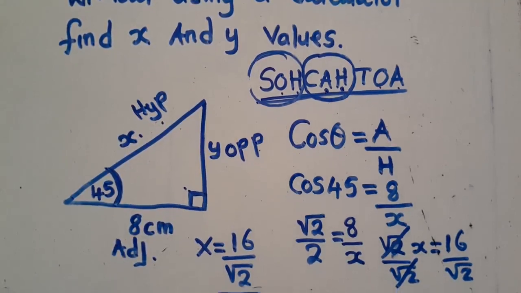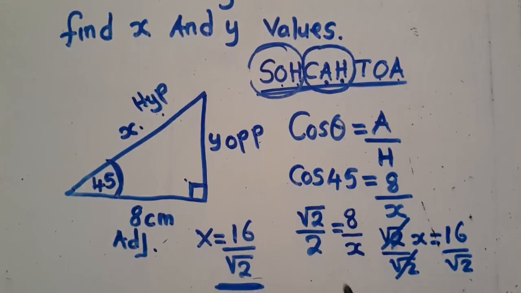Even if you used 1 over root 2 here, you still get the same answer. Following this procedure, on cos 45 you can also use 1 over root 2.